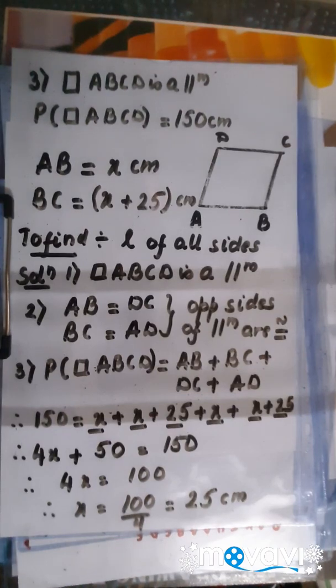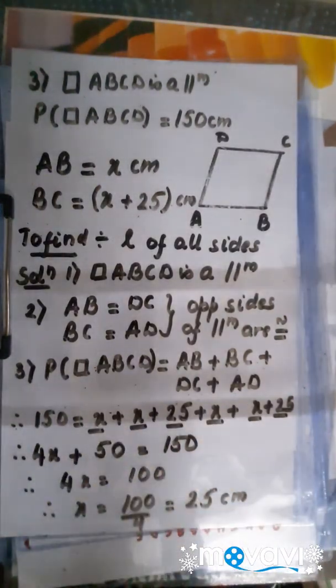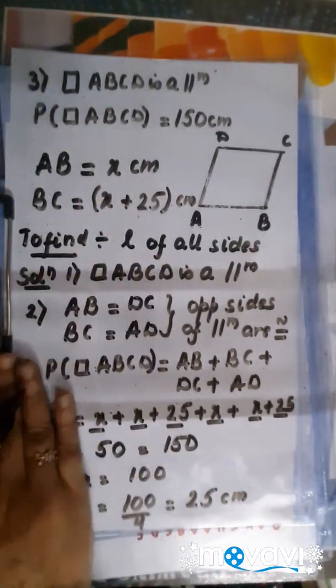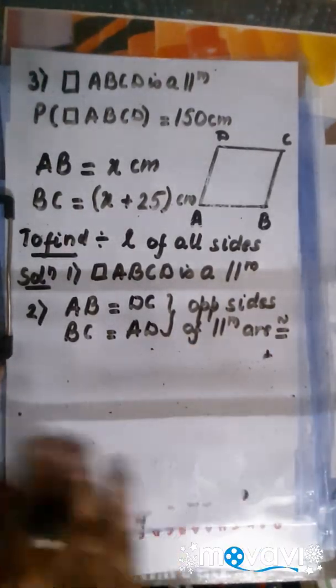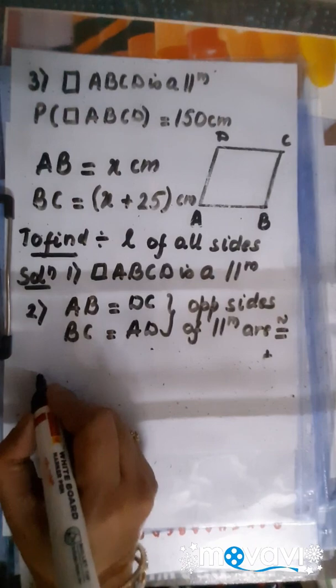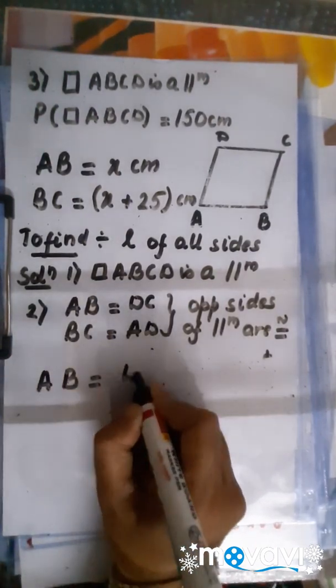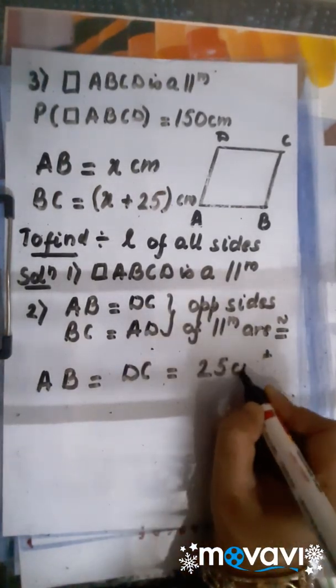So, we can say that AB is equal to DC is equal to 25 centimeter.